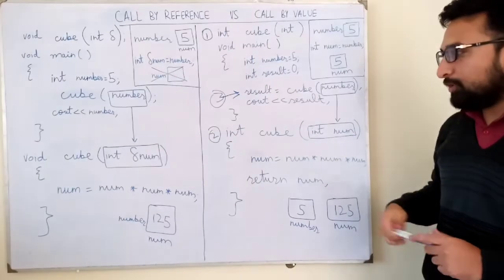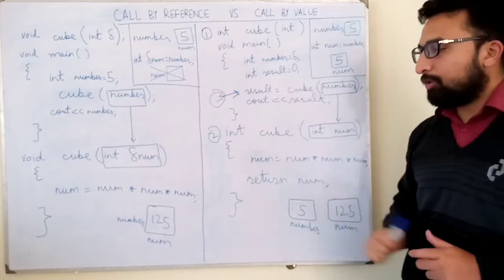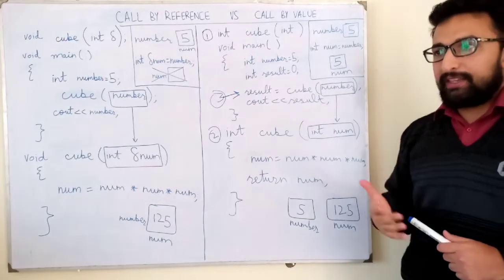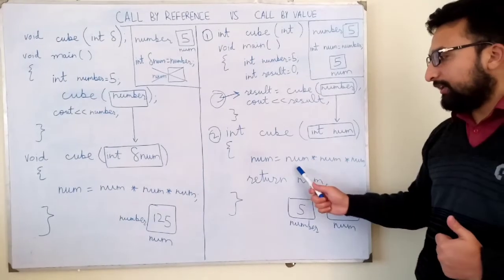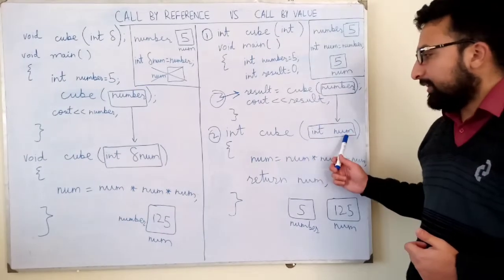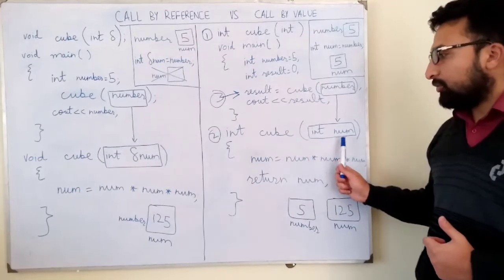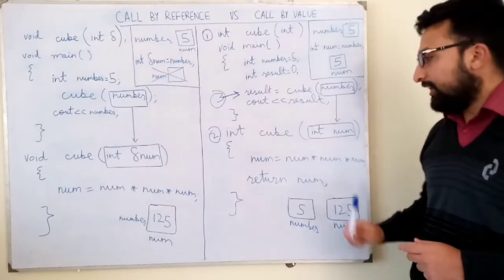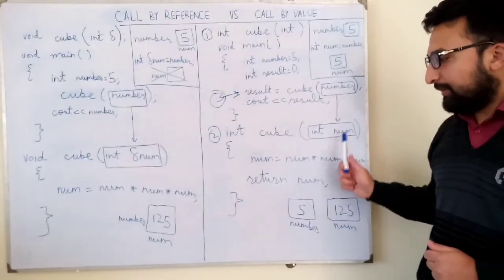Although their scope is of course limited, num is limited to this scope and number is limited to this scope, there will be two different variables present in the memory. Now we do the cubing of the argument that we received in the variable num. We cannot use the number variable because its scope was limited to these two brackets. We perform the operation on the variable num and return the variable num.